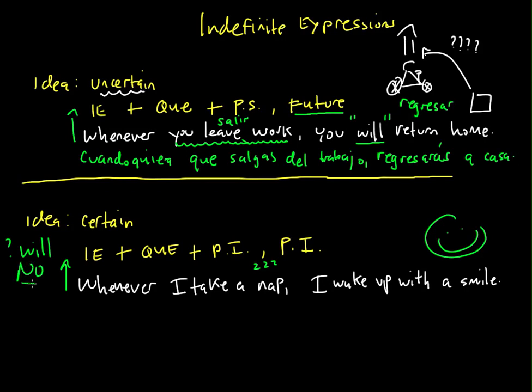So if you don't see the word will, then that means we're not going to use a subjunctive after this indefinite expression, because this sentence expresses a certain habitual action, right? I'm telling you, whenever I take a nap, I wake up with a smile. That is very true. It is certain. So we're going to use this formula.